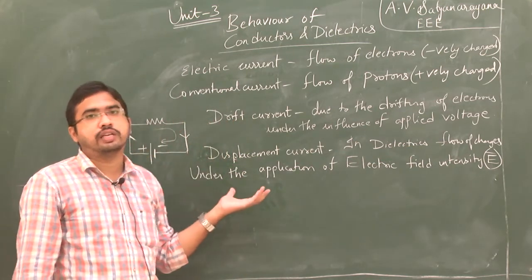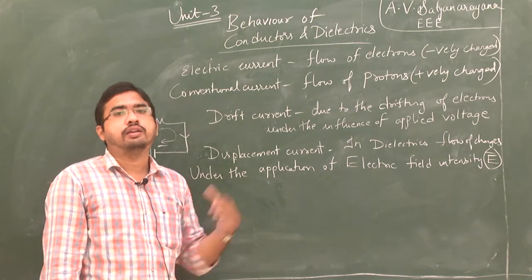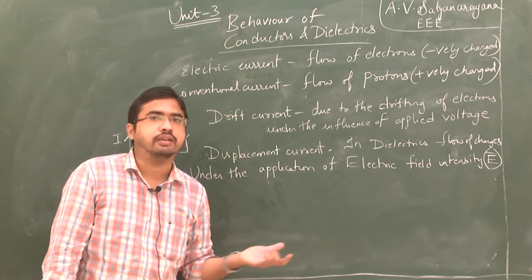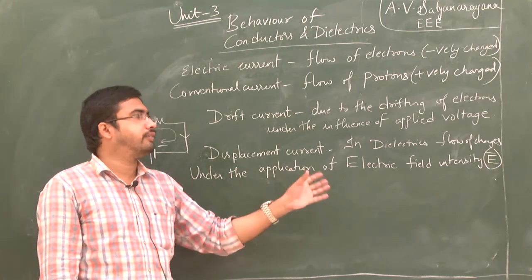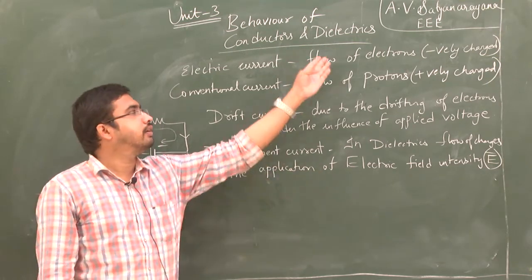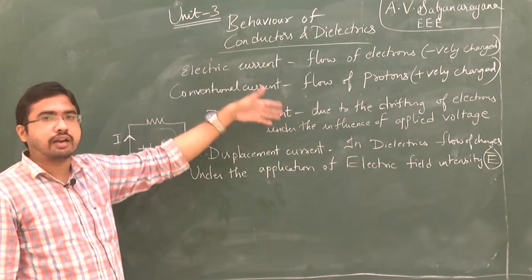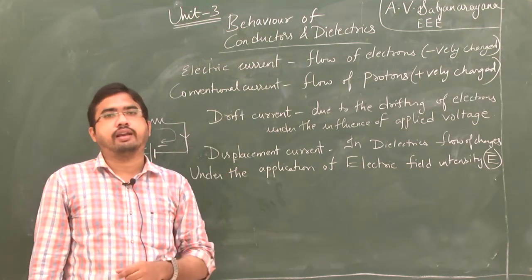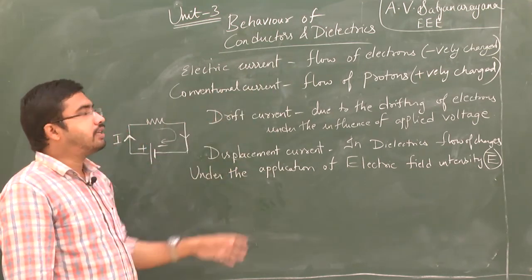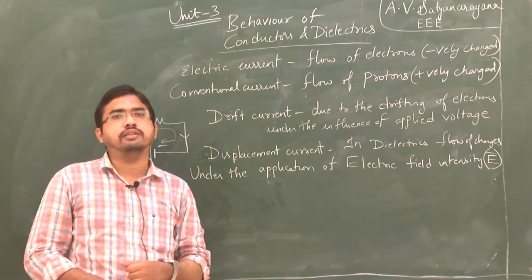That flow of charges will result in a current called as displacement current or convectional current. Okay, so these are the different types of currents that you can observe in different materials. The first three are observed in general conductors, and this displacement current is observed in dielectrics. So based on this, we are going to design the properties of conductors and dielectrics.